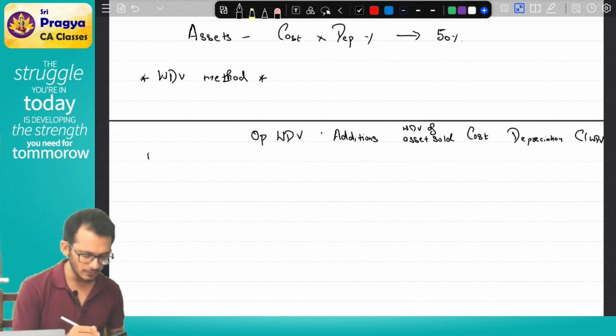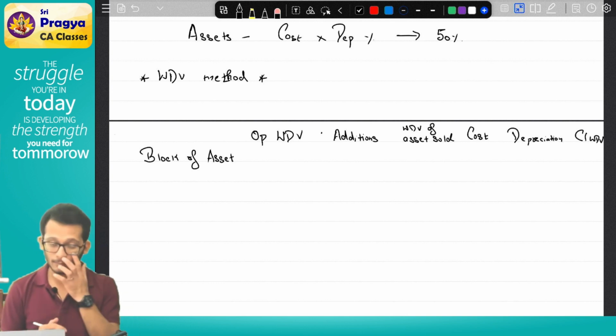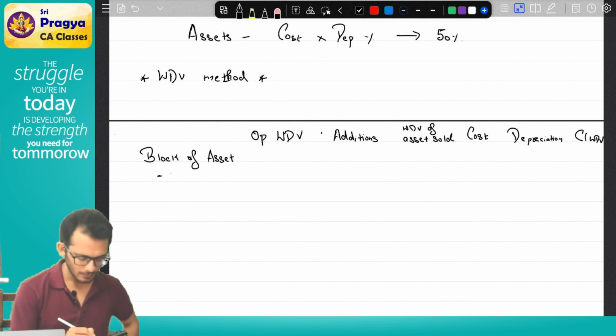The only difference is now I am going to create something called block of assets. In block of assets, I told you there are certain items. One item is called opening WDV. Then it is called more than 180 days.